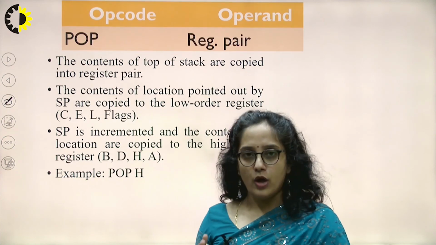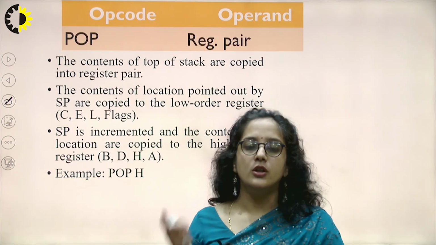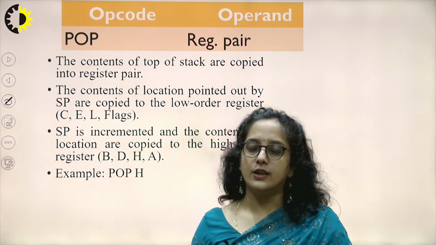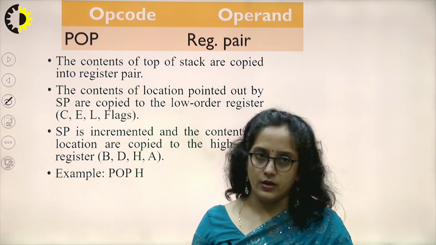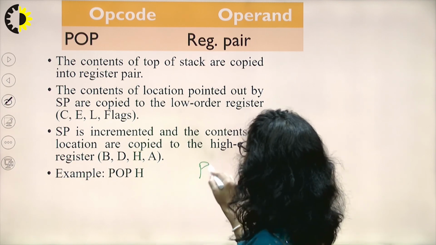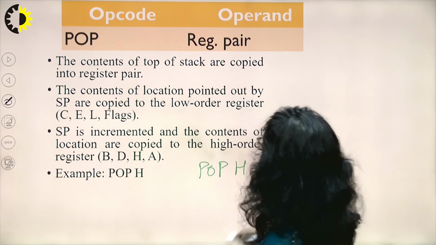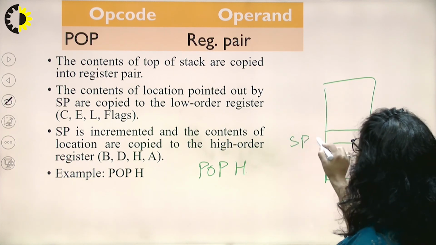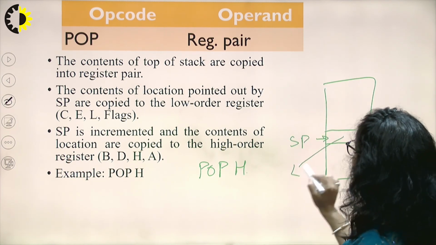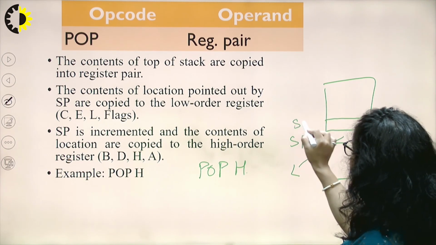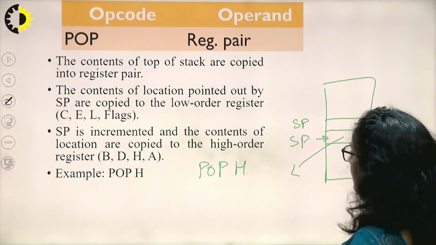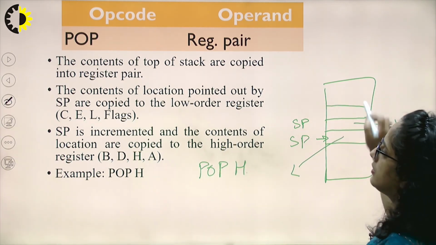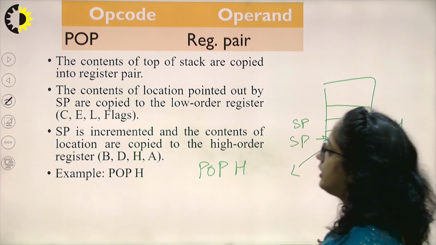In case of POP, it is the reverse operation of PUSH. Whatever location the stack pointer is pointing to, the content of that location gets copied. Like if we use POP H, then the stack pointer, pointing to some location, the content of this location gets stored in L, it is incremented by 1 and the content will be stored in H. And it will be pointing to the next memory location.